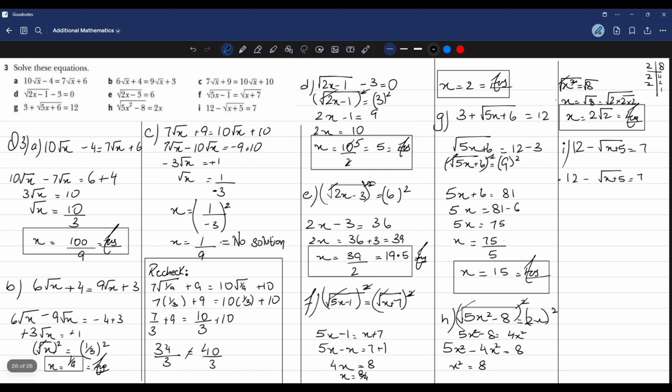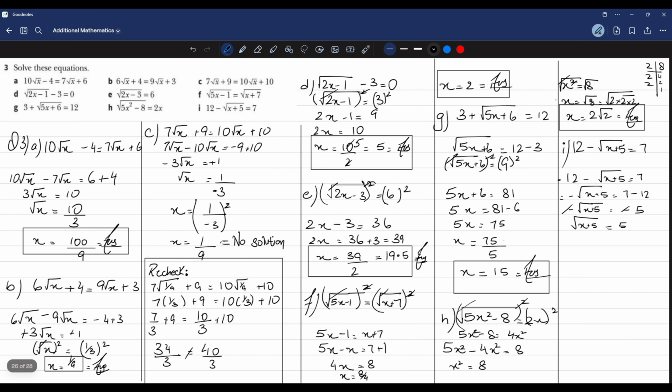So negative under root x plus 5 is equal to 7 minus 12. What is 7 minus 12? 3, 4, 5. Negative 5. Okay, so this is equal to negative 5. Cancel the negative signs on both sides. We get under root x plus 5 is equal to 5.